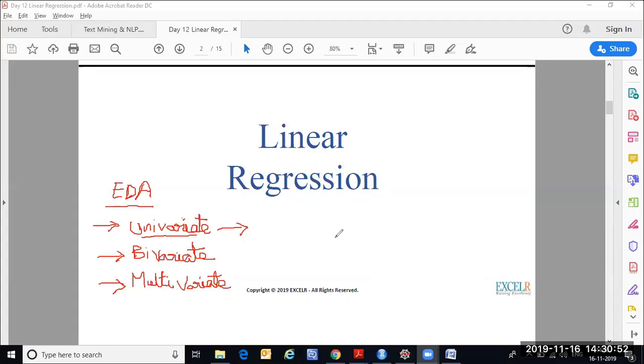But what is bivariate? What kind of insights can we understand by taking two variables together? That's what we have just discussed, the correlation, the relationship between two variables.